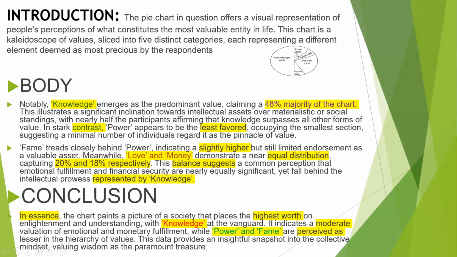then you are giving the priority here, love and money. So when you are comparing there, you are telling us that love and money demonstrate a near equal distribution of 20 and 18% respectively. This balance suggests a common perception that emotional fulfillment and financial security are of nearly equal significance.